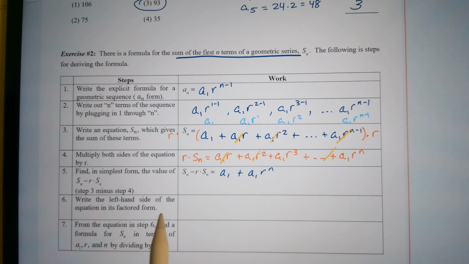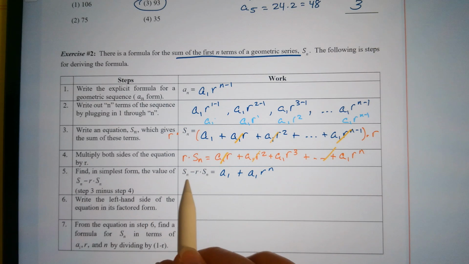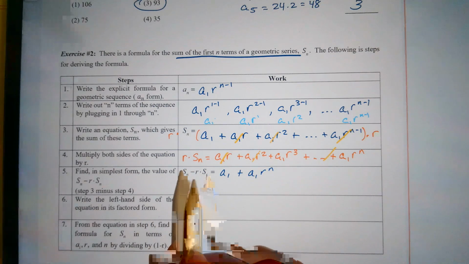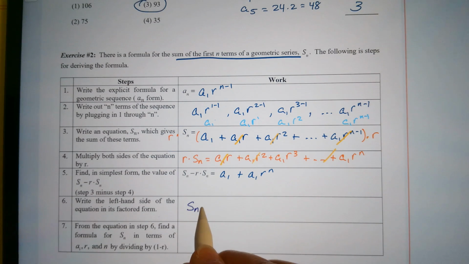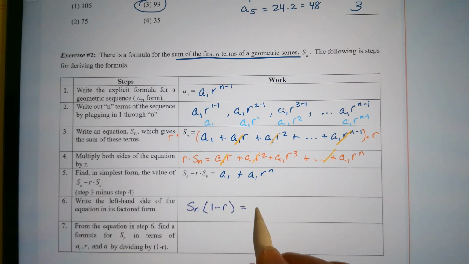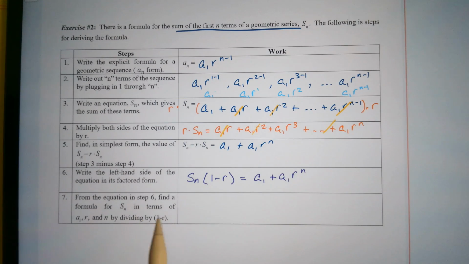Write the left-hand side of the equation in its factored form. There's an s sub n that is common to these two terms, so we factor that out. This is s sub n times 1 minus r equals a sub 1 plus a sub 1 r to the n. From the equation in step 6, find the formula for s sub n in terms of a sub 1, r, and n.